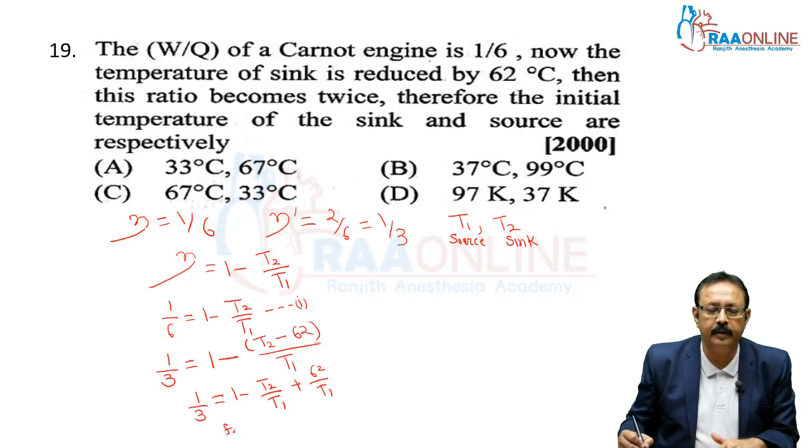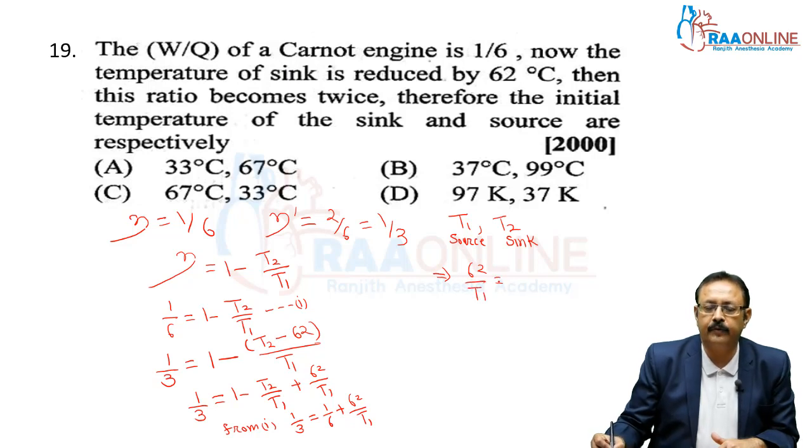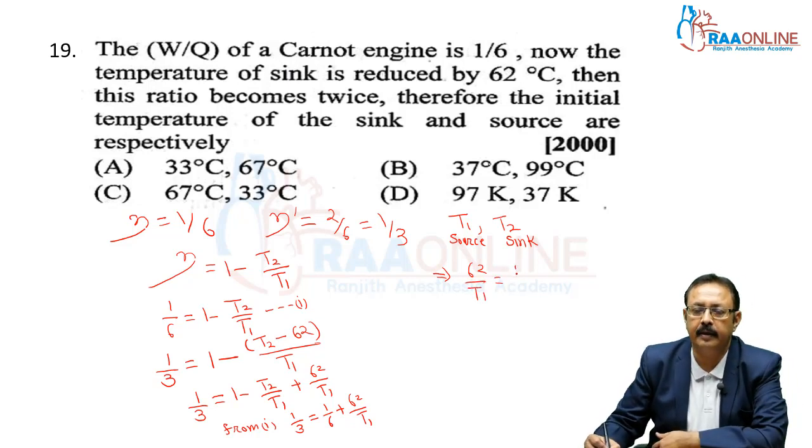So from 1 we can write 1 by 3 is equal to 1 by 6 plus 62 by T1. This implies 62 by T1 is equal to 1 by 3 minus 1 by 6. So it is 2 by 6 minus 1 by 6, which is 1 by 6.